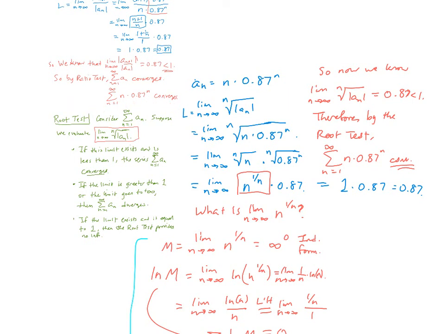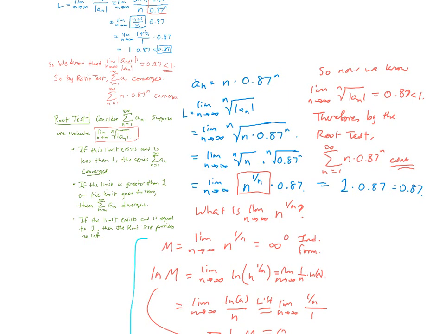You can show that this is actually a little bit bigger than a geometric series with common ratio 0.87, but eventually it will be smaller than a geometric series with common ratio 0.88, for example, or 0.872. You could pick any ratio, and eventually this will be smaller than a geometric series with that ratio. And a geometric series with that ratio still converges, so this one has to as well by basic comparison, or by limit comparison, whichever you like.